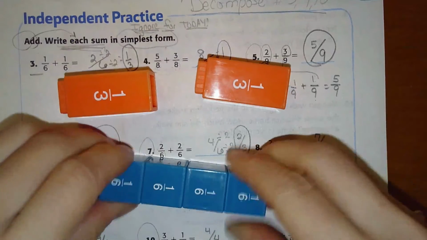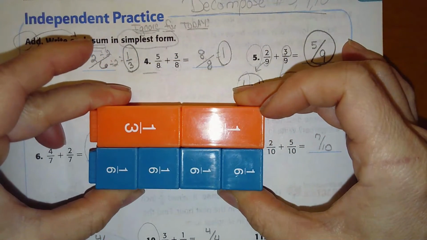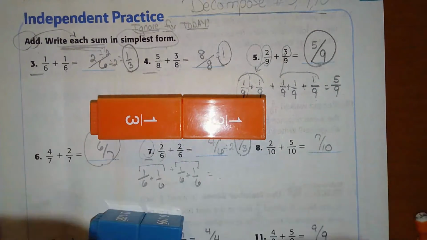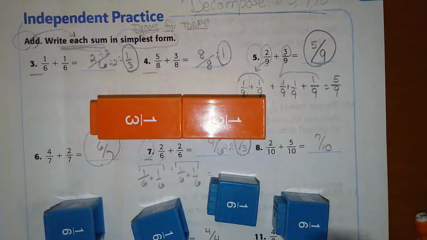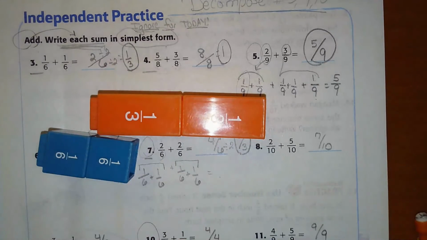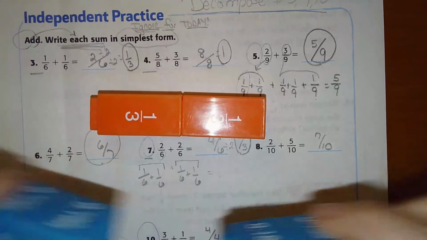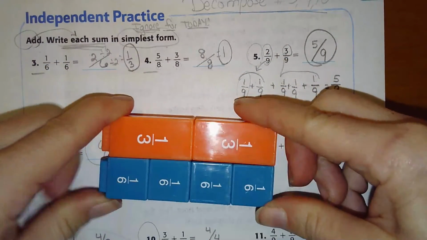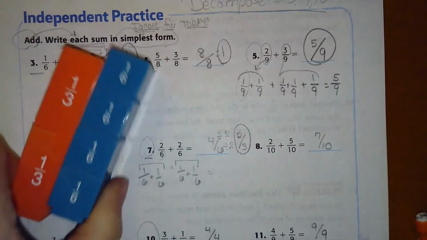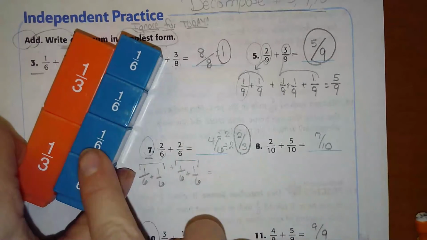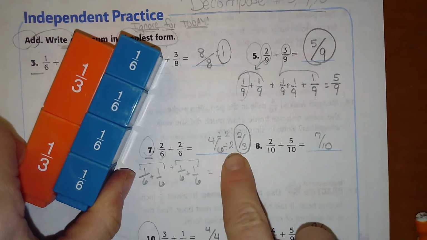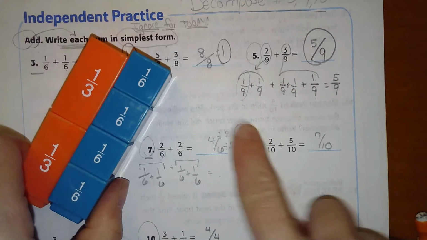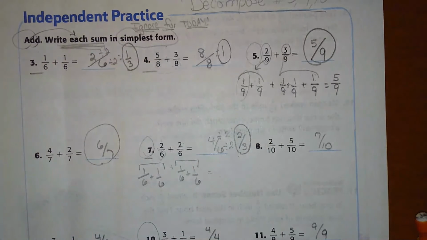Now, mind you, they do show the same amount. So this dividing by 2 is taking my 4/6 and putting them in groups of 2, which is why the math matches the pictures. So 4/6, divide top and bottom by 2, put them in groups of 2, and I have 2/3.